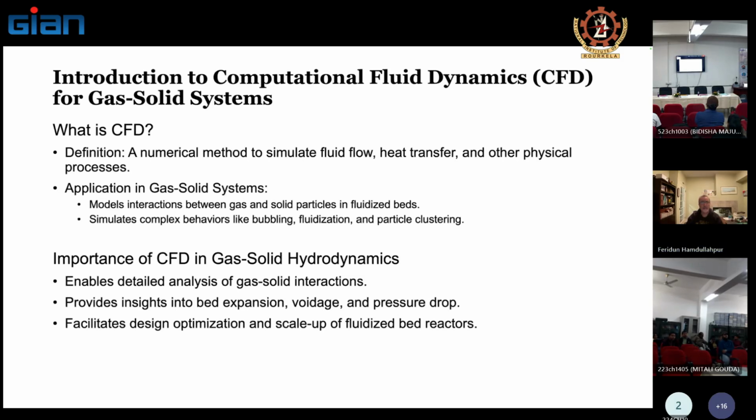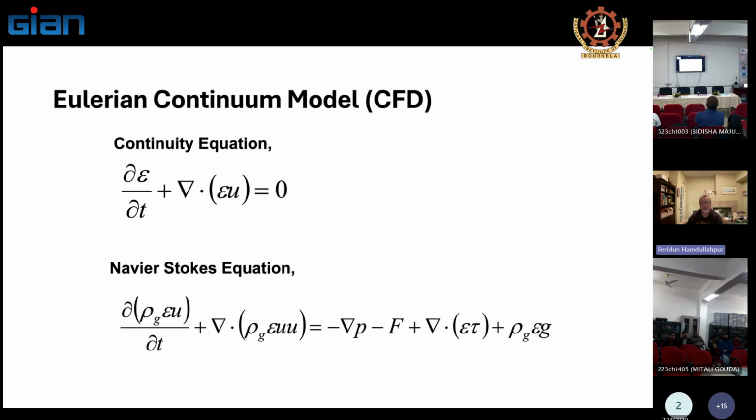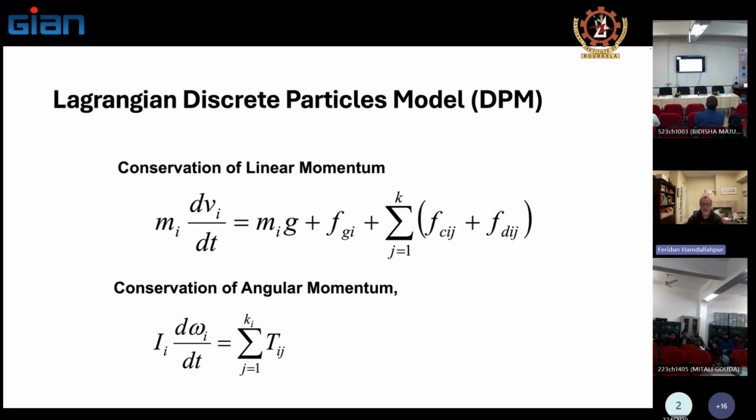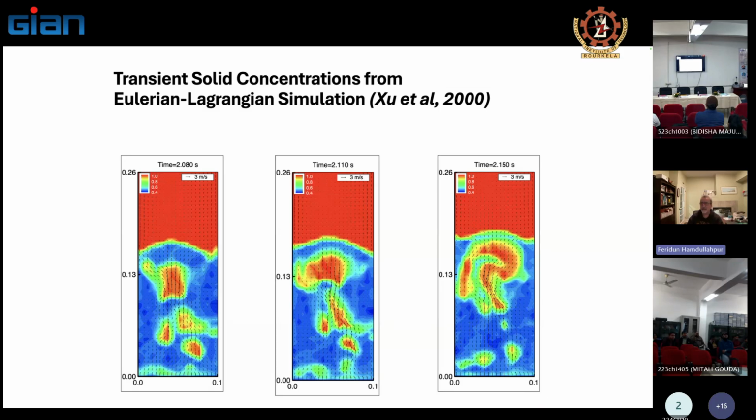Basically, we use either the Eulerian continuum model where the observer is stationary, or Lagrangian where the observer moves, or a mixture of both. And we did this successfully, and you can see that we can predict solid concentrations both longitudinally and horizontally in various geometries.